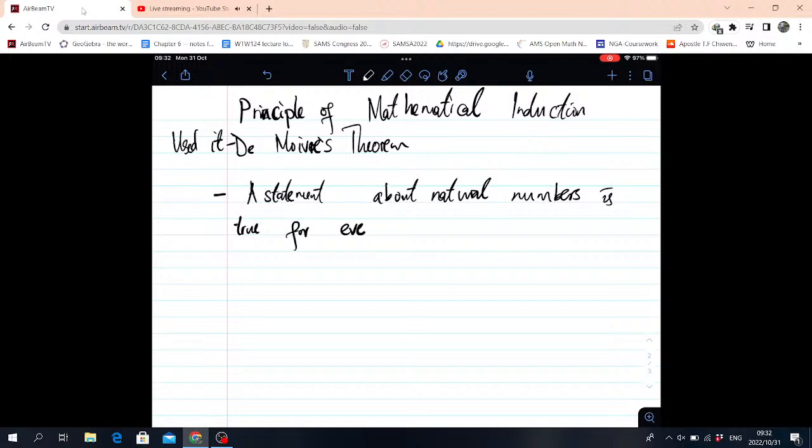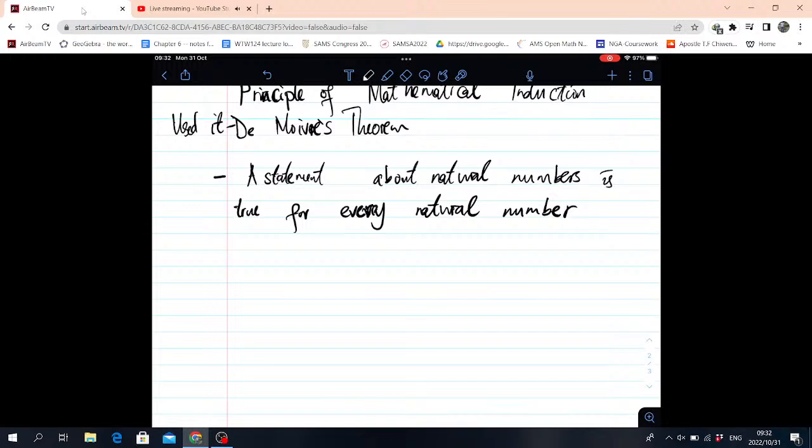So it's about natural numbers, and it's true for every natural number. So basically, the statement will go as something, and then it says this for every n natural number. You can include 0, it's still fine, because it will still work. You just need to check for n is equal to 0, right?